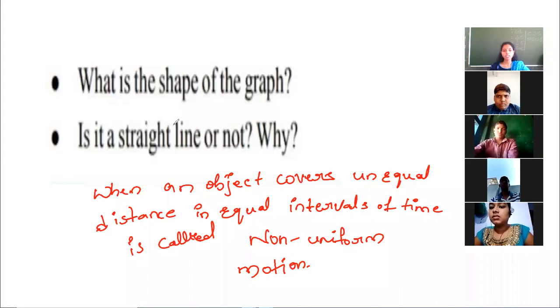Okay, when an object covers unequal distance in equal intervals of time is called non-uniform motion.